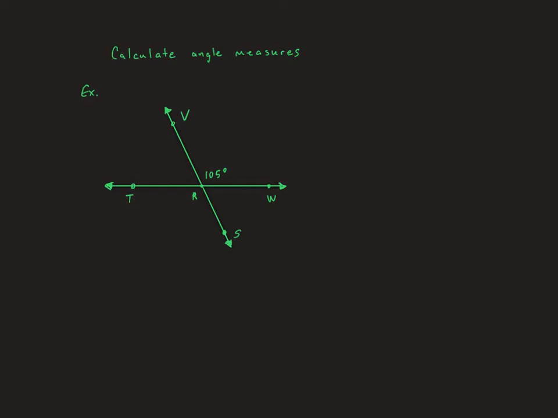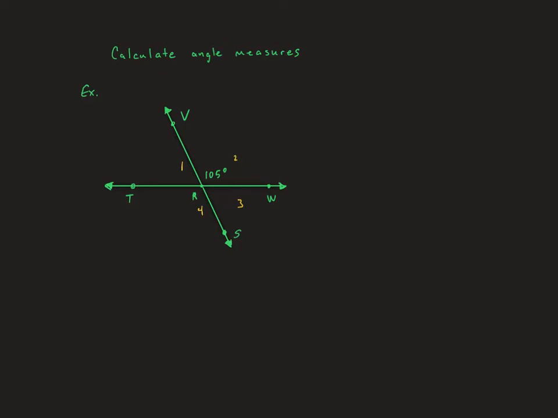Looking to calculate angle measures, I have adjacent angles here. I'm given this angle measure. Let me go ahead and label some stuff. I have angles 1, 2, 3, and 4. Those would be my angle numbers.